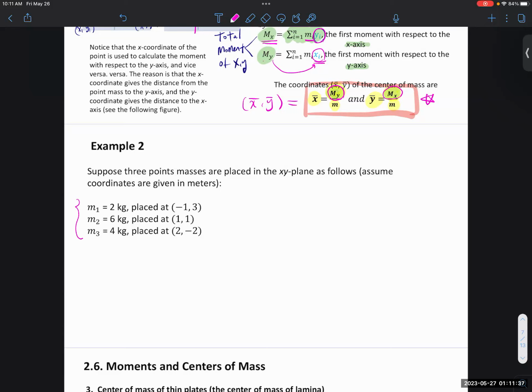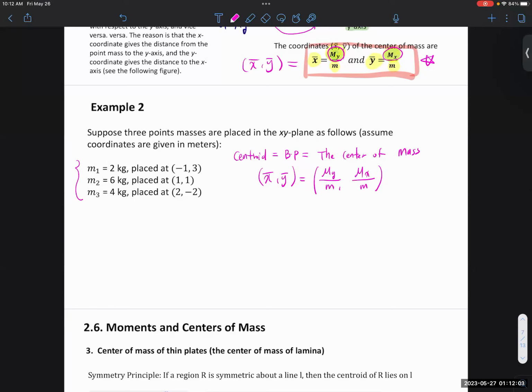So we know to find the centroid, or what we call the balancing point, or the center of mass, (x bar, y bar) is equal to, be careful, moment about y over mass for x bar, and moment about x over M for y bar.